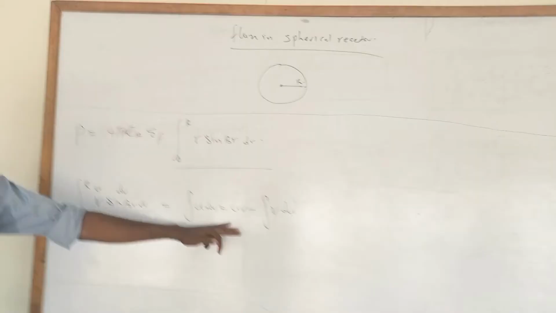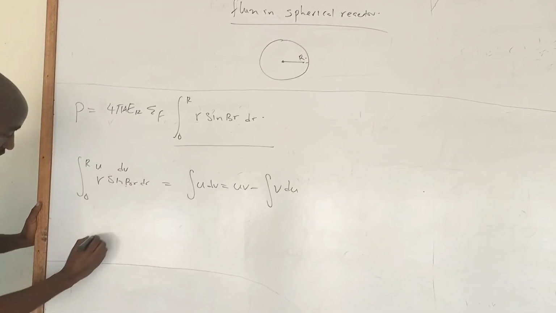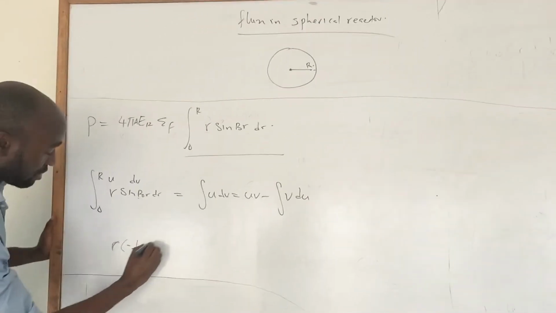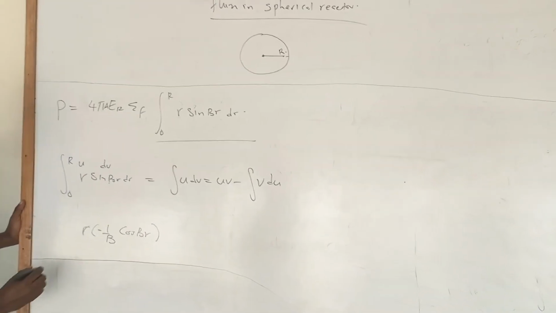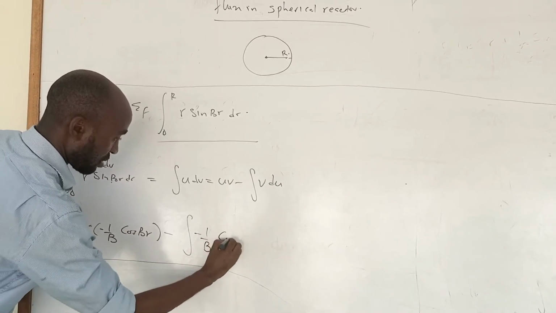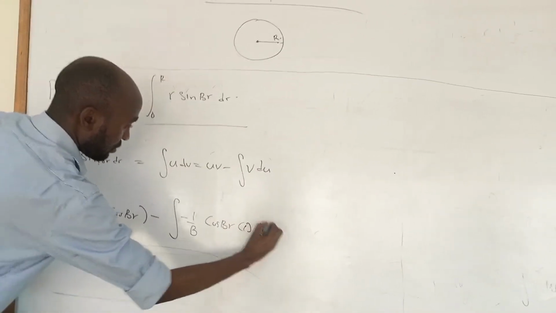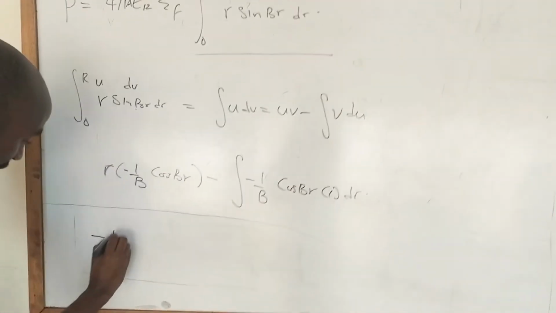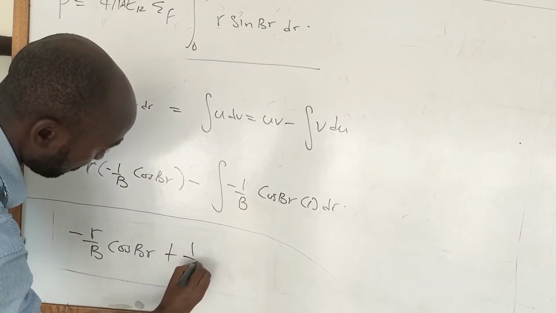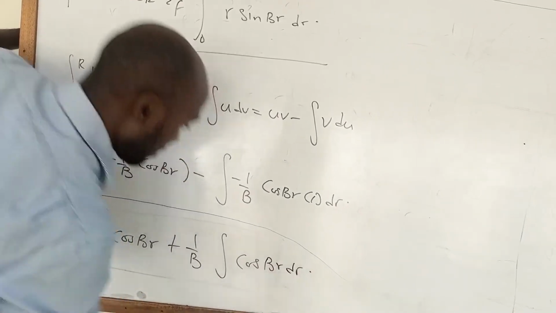Using the integration by parts method, our u still remains r, our dv is sine Br dr. So this one will now be r times minus 1 over b cos Br, minus the integral of minus 1 over b cos Br, with du being 1 dr. This is minus r over b cos Br plus 1 over b integral of cos Br dr.